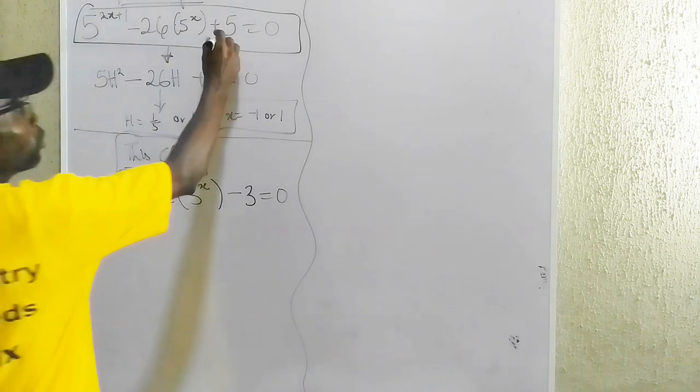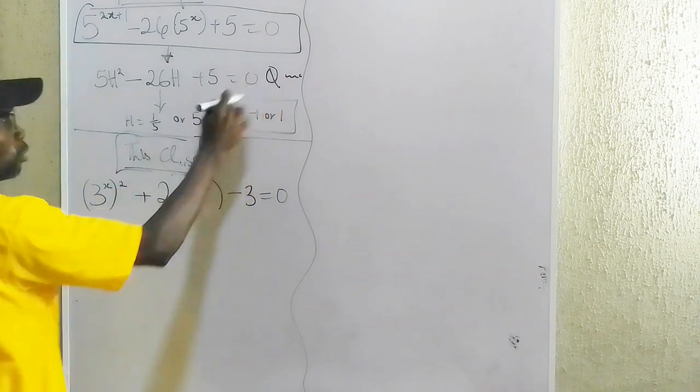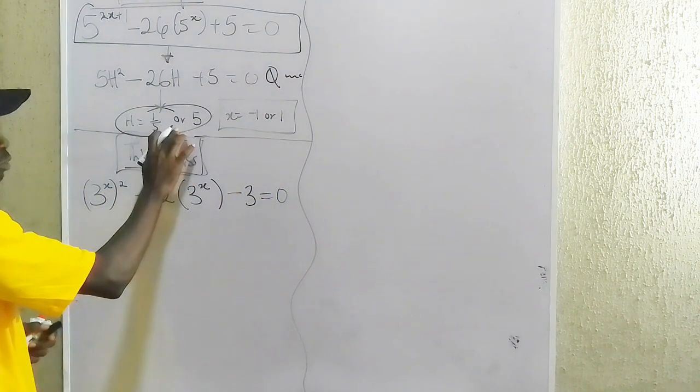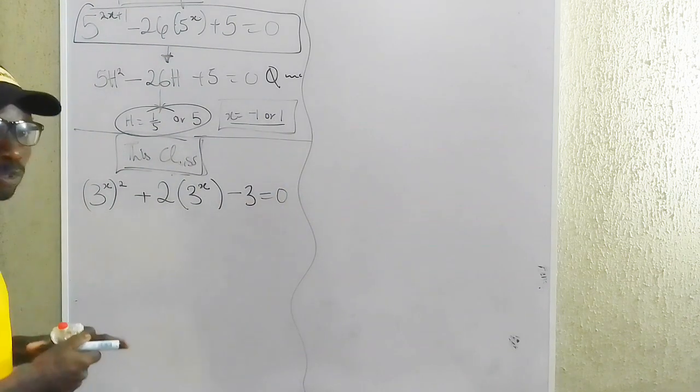Now from the exponential equation, you should arrive at a quadratic equation, and then you find the roots of the quadratic equation, and then you now find the values of x. So we'll go in four ways.